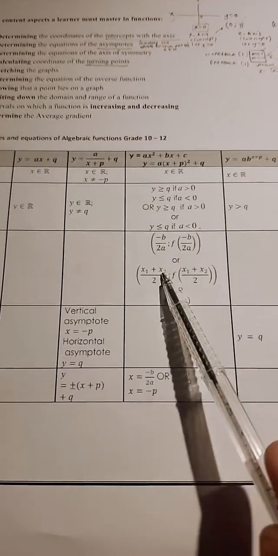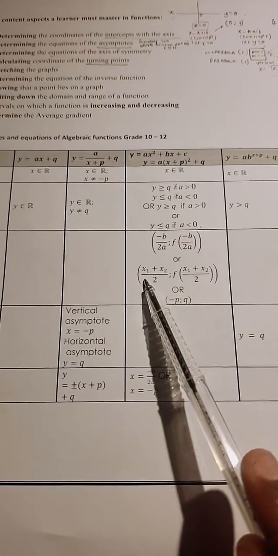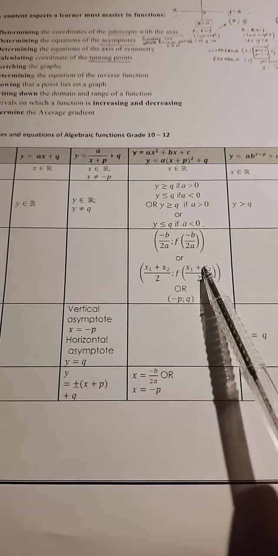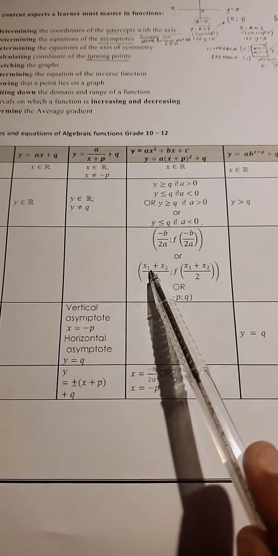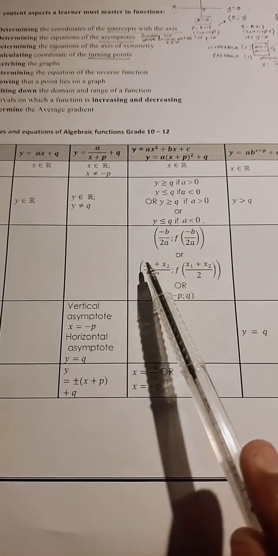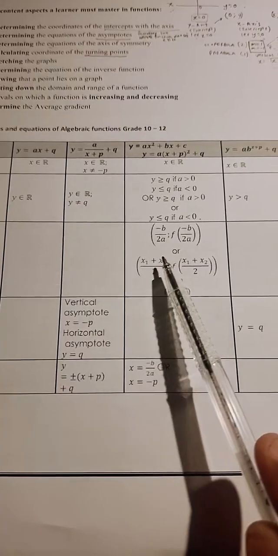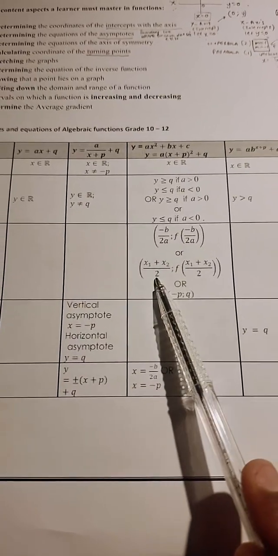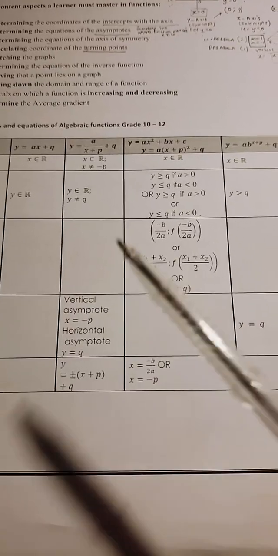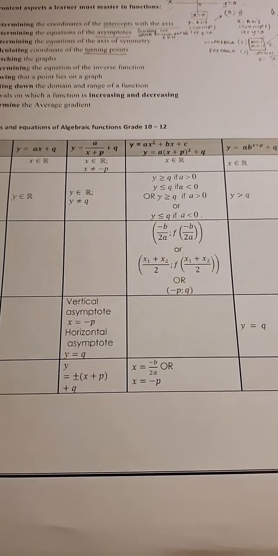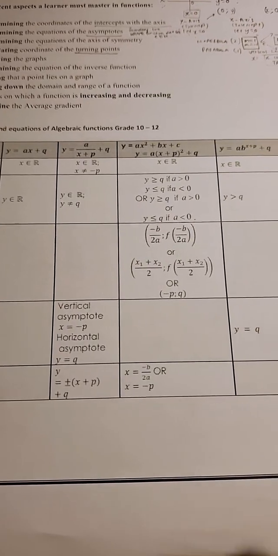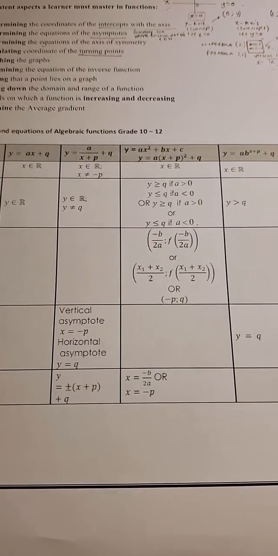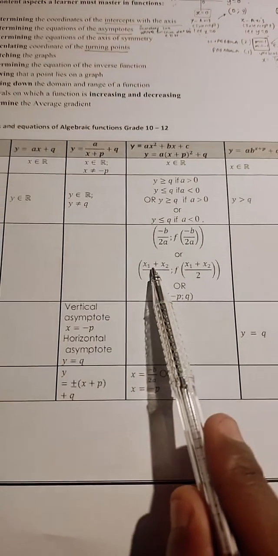In some cases, you'll find that you can get the x coordinate of the turning point if you are given the x-intercepts of your function. You can find the midpoint of the x coordinate by taking the first x-intercept, adding it to the second one, and dividing by 2. This is like how you get your midpoint in analytical geometry, because it's midway. Same thing with the axis of symmetry.